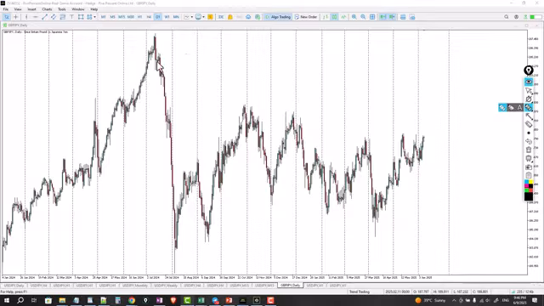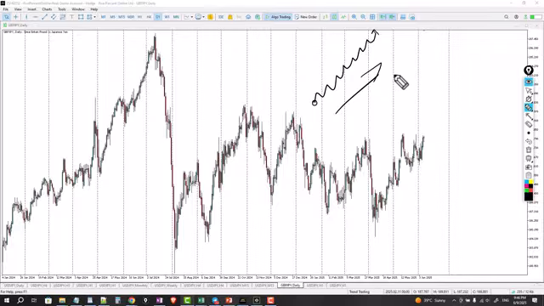When price is moving in a trend, it's usually going to be making higher highs and higher lows, and it's going to be moving predominantly in one direction. So if the market is in an uptrend, then price is going to be forming higher highs and higher lows continually, and that price movement is going to move from a low price point to a high price point over time.